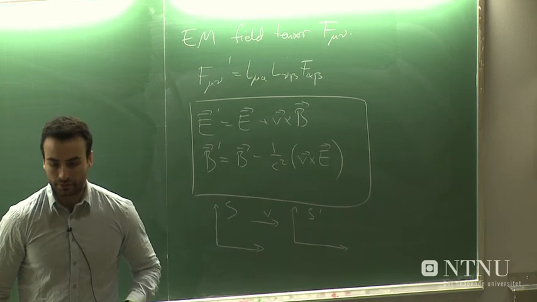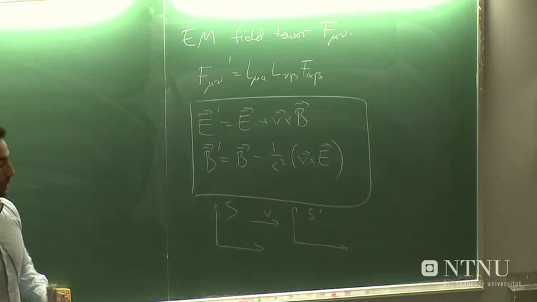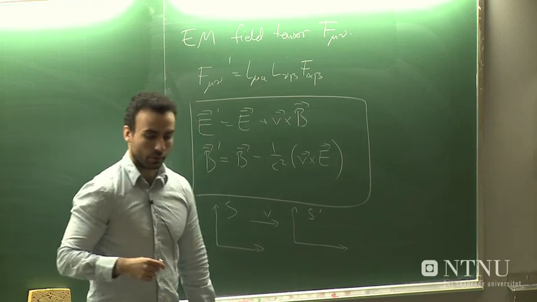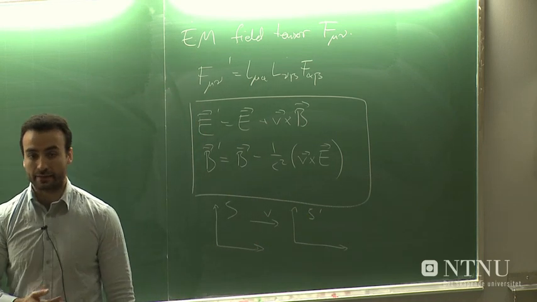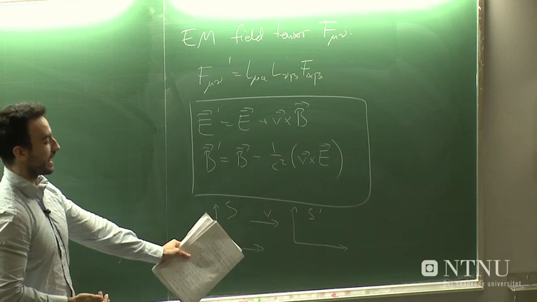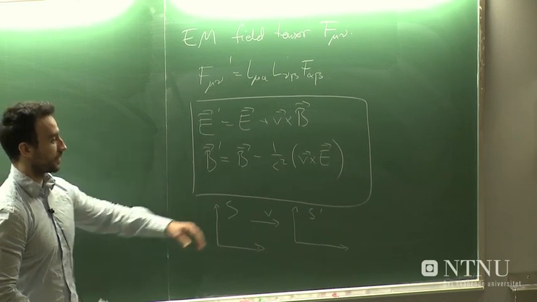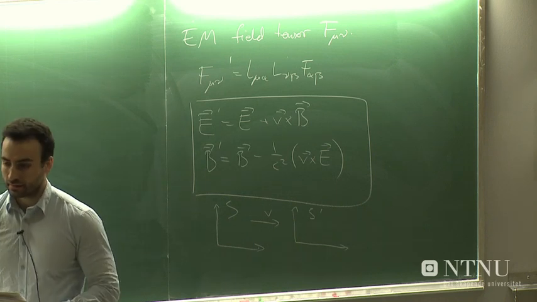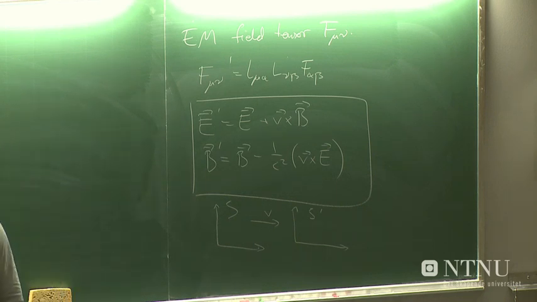And we also discussed a bit about how these equations actually imply that an observer here in S prime will experience a net electric field even if there is no net electric field in S, as long as there is a magnetic field. And we also mentioned how we can understand the phenomenon of spin-orbit coupling from these equations.